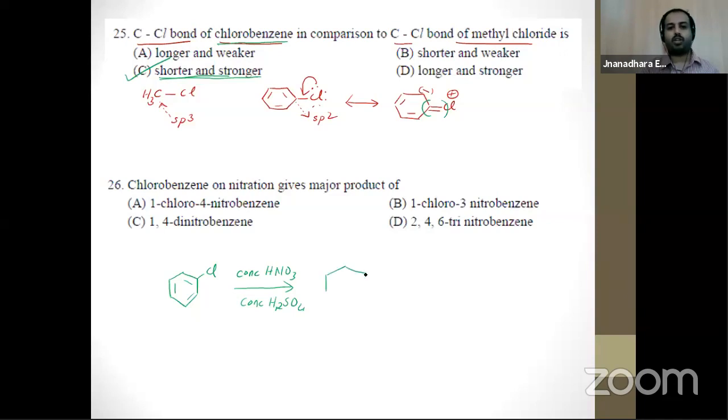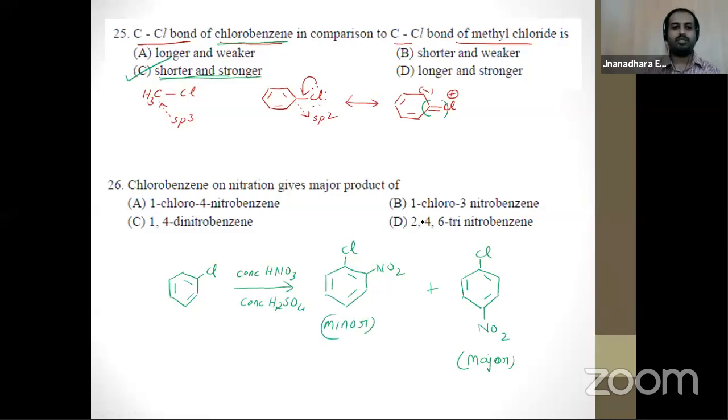That gives you two products, ortho substituted, para substituted, because chlorine atom is ortho para directing. But you know, para product is major product when compared to ortho. Thermodynamic stability, minor.